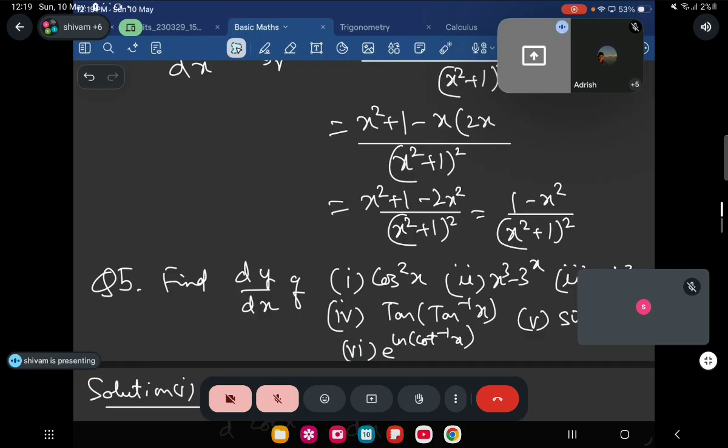Part 5 is correct. Part 6, this one is further simplified.